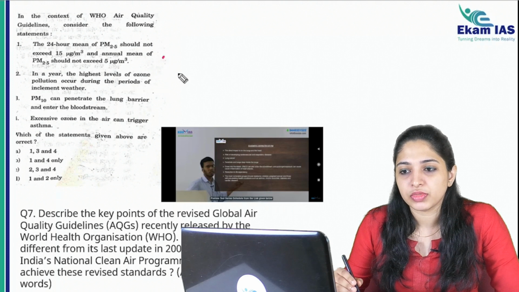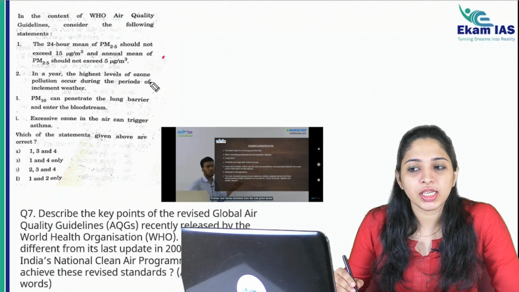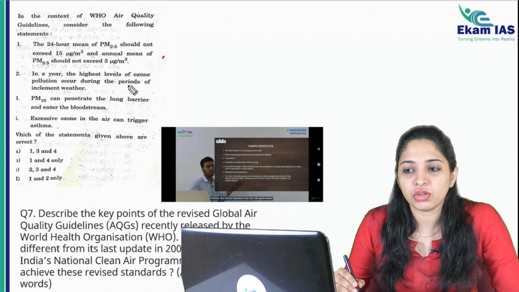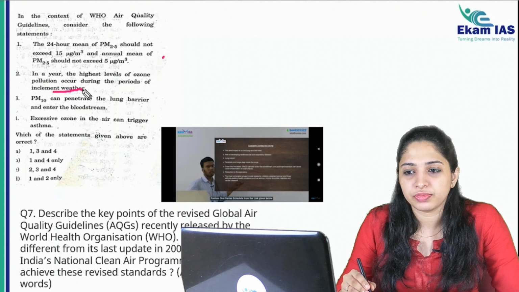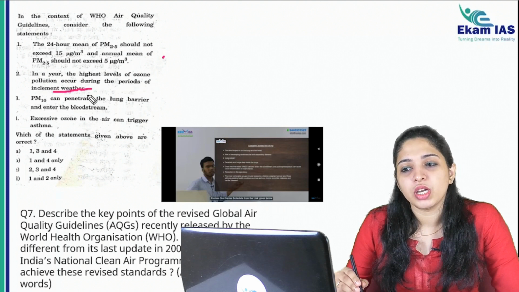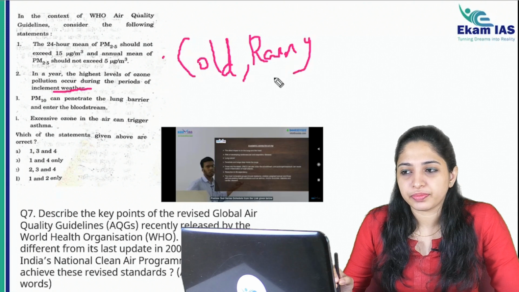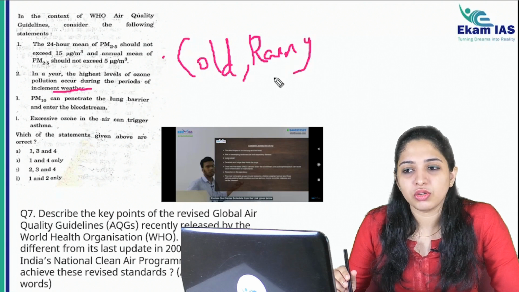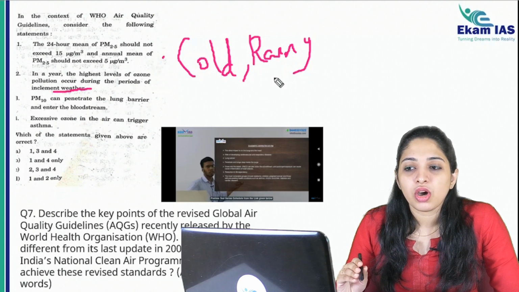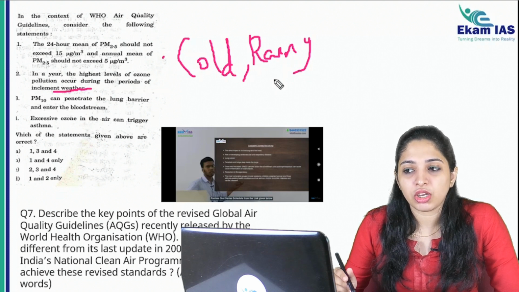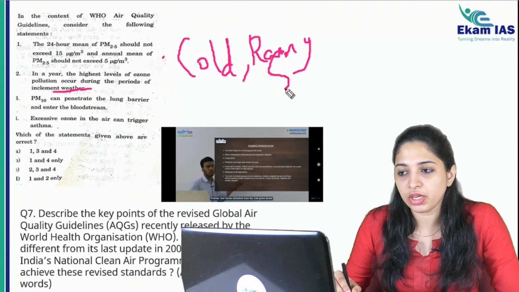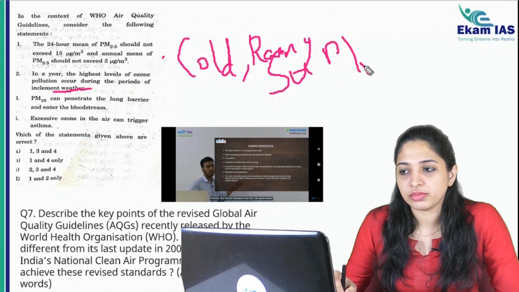Let it be there. Second statement: in the year, the highest level of ozone pollution occurred during the periods of inclement weather. Inclement weather means cold, rainy weather. But as we know from basic science, the formation of ozone requires sunlight.